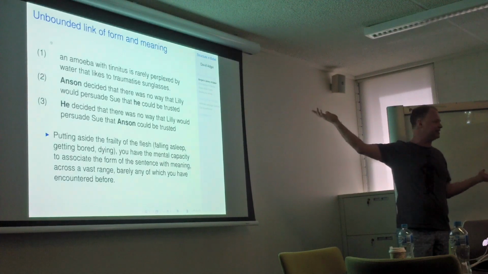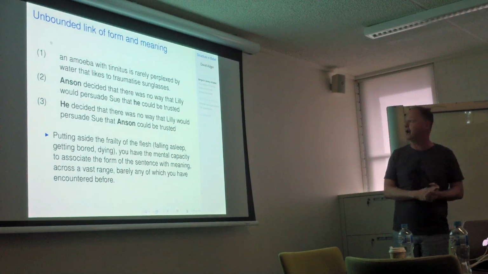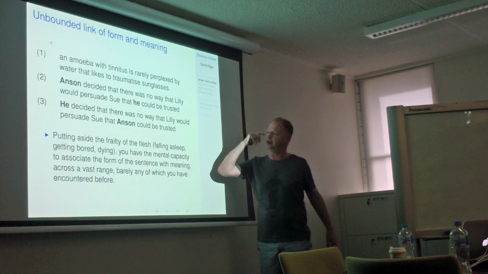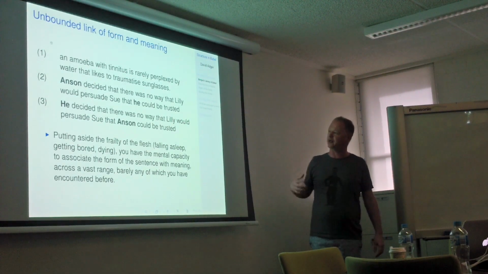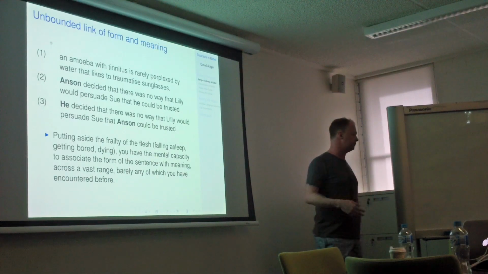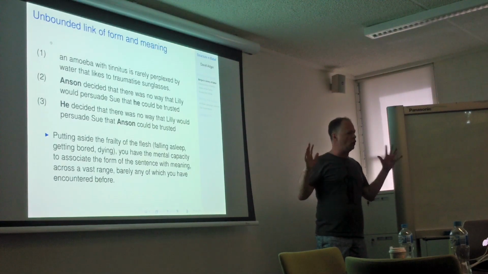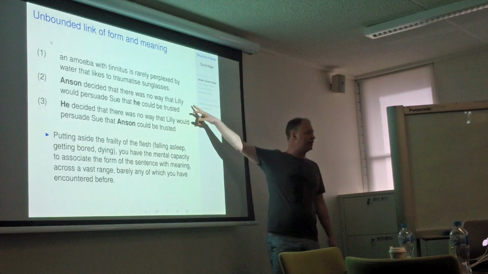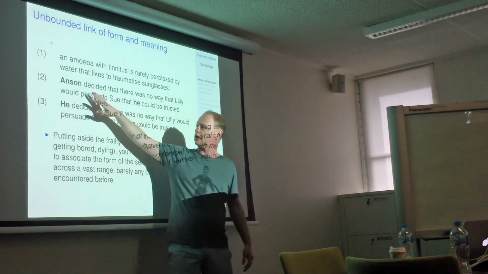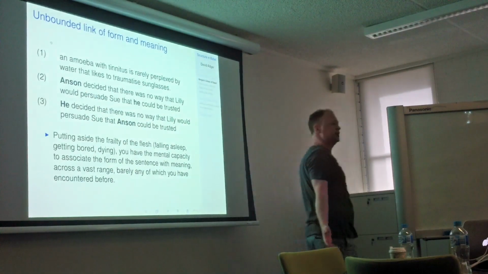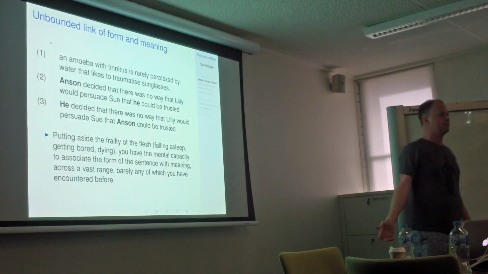And here's something a little more clear. Anderson decided there was no way that Lily would persuade Sue that he could be trusted. So you know that's a sentence of English. This is going to be in the library somewhere. And you also know that it's possible that he there can refer to the same person as Anderson does, right?